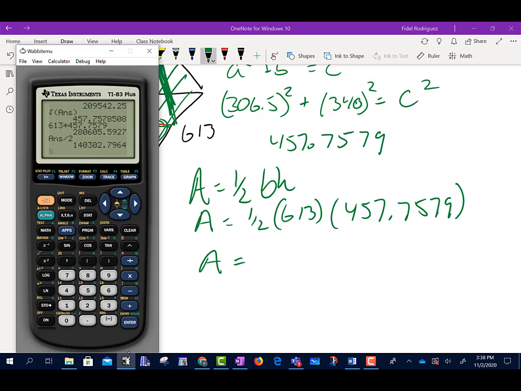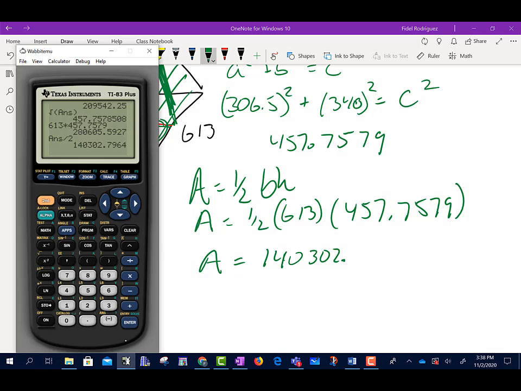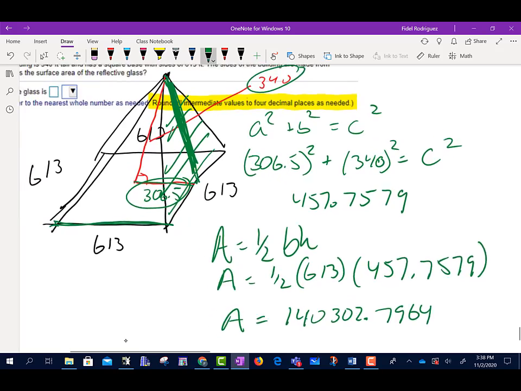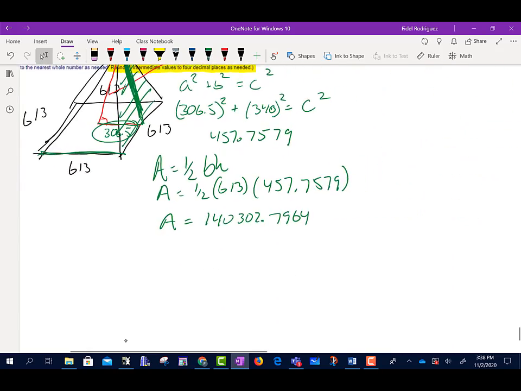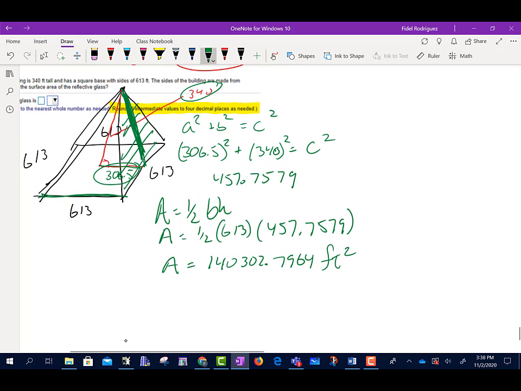14302.7964. And this is in feet squared, because it should be given to us in feet. Yes, it is in feet. Feet squared. So we just found the area of this side.